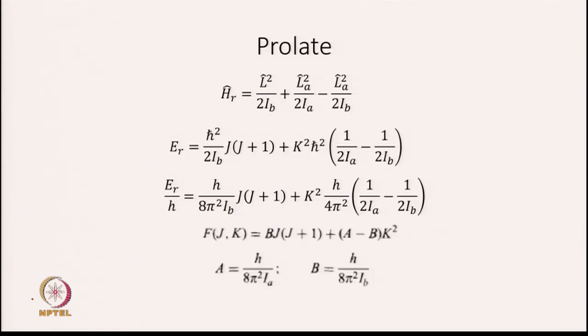So, from the last slide, what we got is the Hamiltonian operator for a prolate rotor is angular momentum square operator divided by 2IB plus LA square operator divided by 2IA minus LA square operator divided by 2IB.